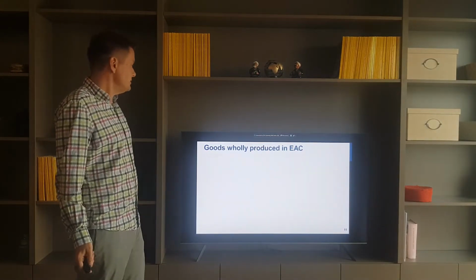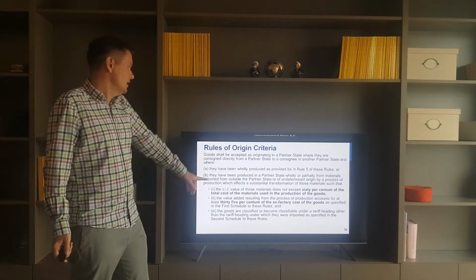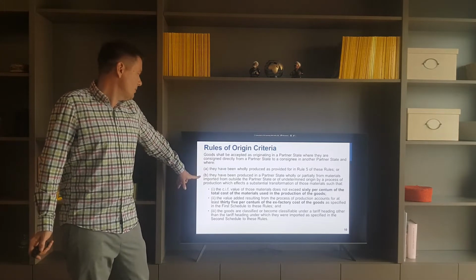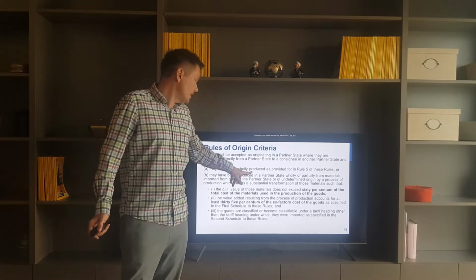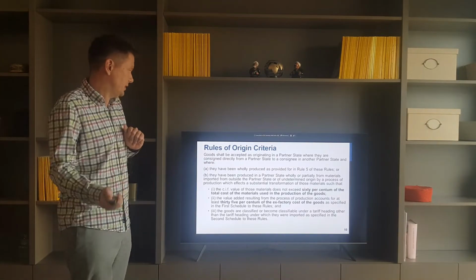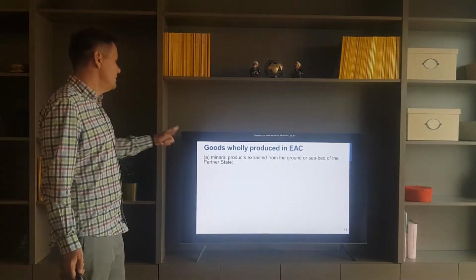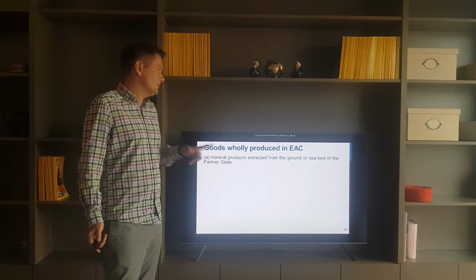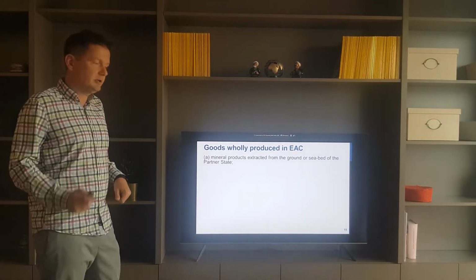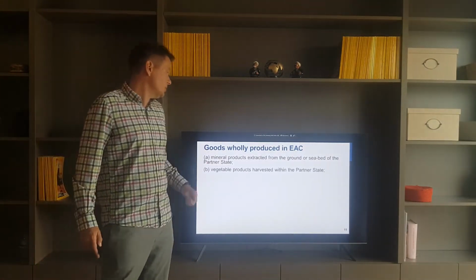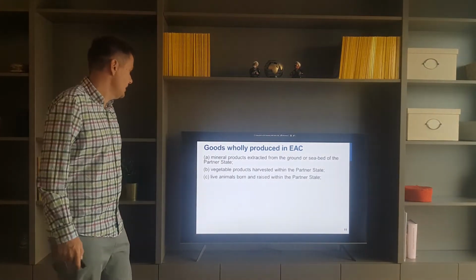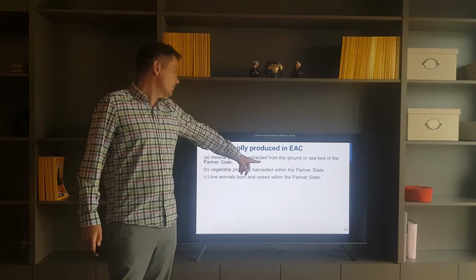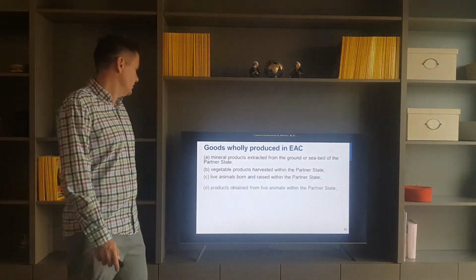Okay, I have been talking here about rule number A, or number 1, the goods that are wholly produced. What are those goods that are wholly produced? Mineral products extracted from the ground or seabed are considered wholly produced. Vegetable products harvested within the East African Community are wholly produced. Live animals born and raised within the community.